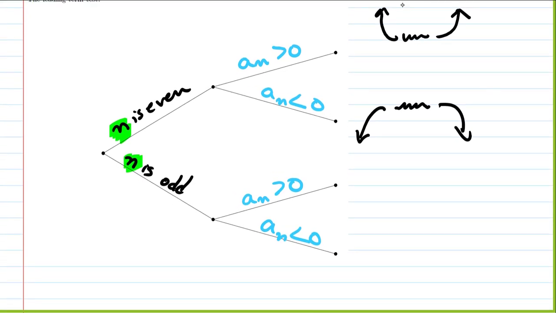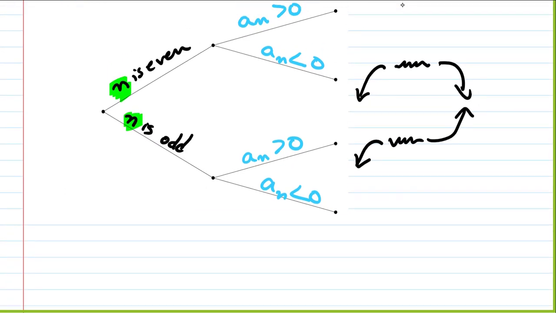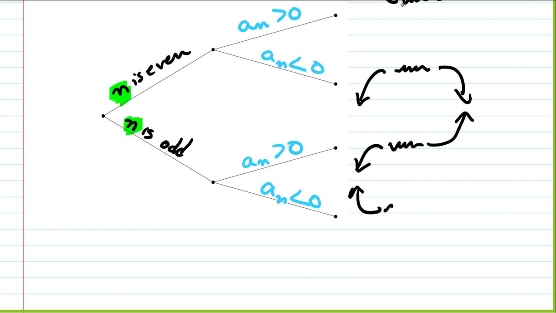In the cases where n is odd and a sub n is positive, our graph is going to start down and end up. And if n is odd and a sub n is negative, our graph is going to start up and end down.